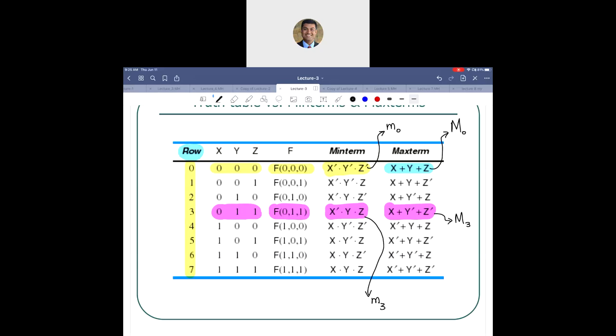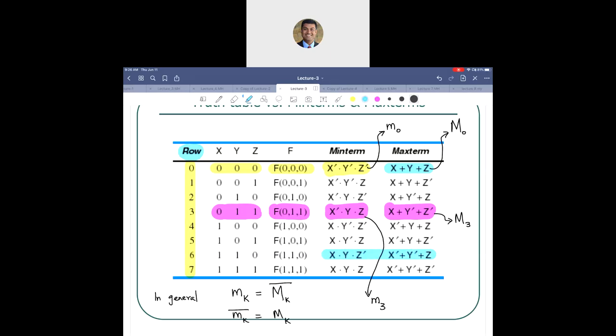In general, you can say this. Minterm K is equal to max term K complement. And it works the other way also, right? If you complement this one, you get that. You can take any two combinations, like for example these two.